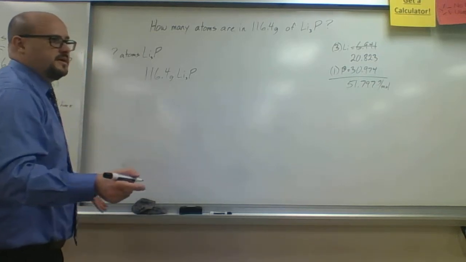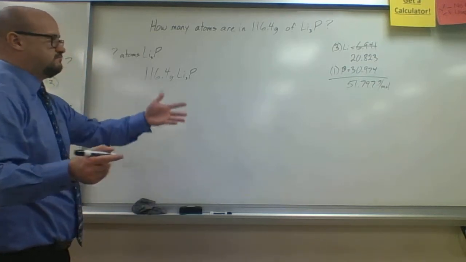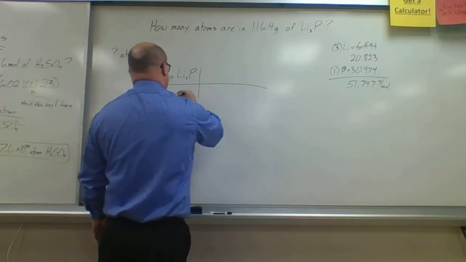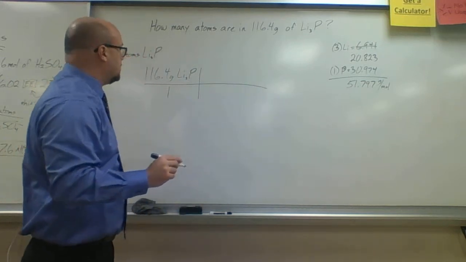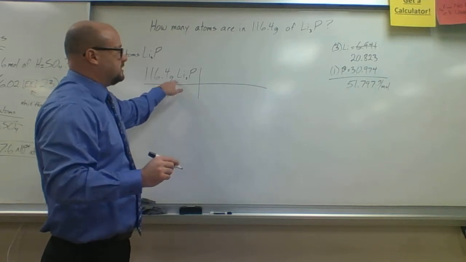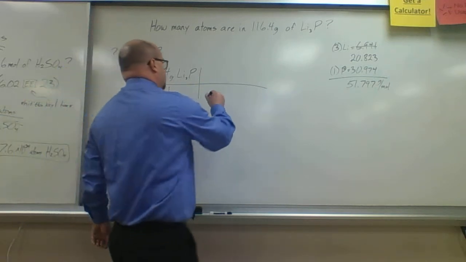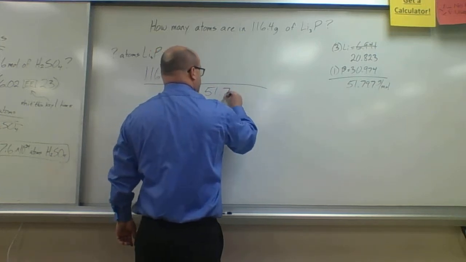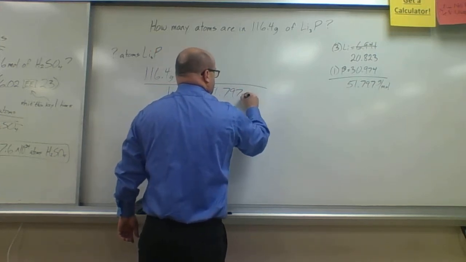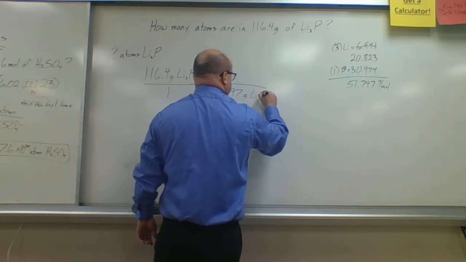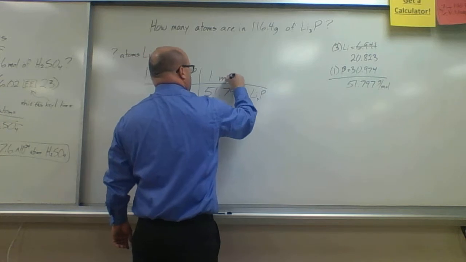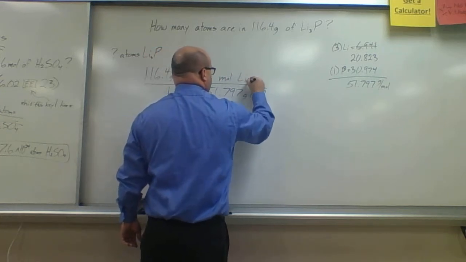Now we already know how to do this. Grams to moles. Draw a railroad track out, railroad tie over 1. We want grams to cancel out, so we need grams on bottom. 51.797 grams of lithium phosphide is 1 mole of lithium phosphide.